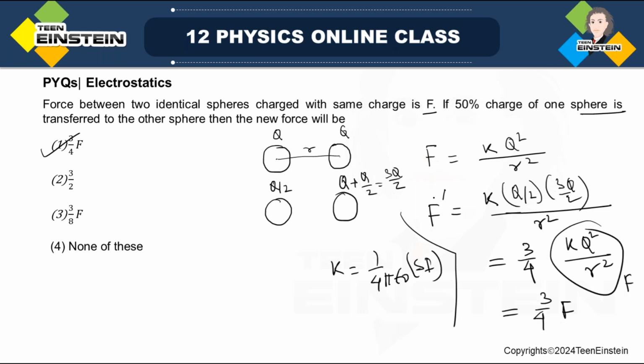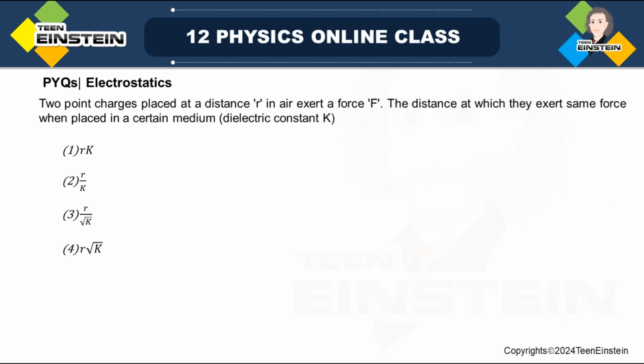This is very simple, but these are the questions which will help you to develop your conceptual understanding. These are very simple questions, in fact. Okay, so this question says 2 point charges placed at a distance r in air exert a force F. Let us just take 2 positive charges, Q1 and another one Q2.